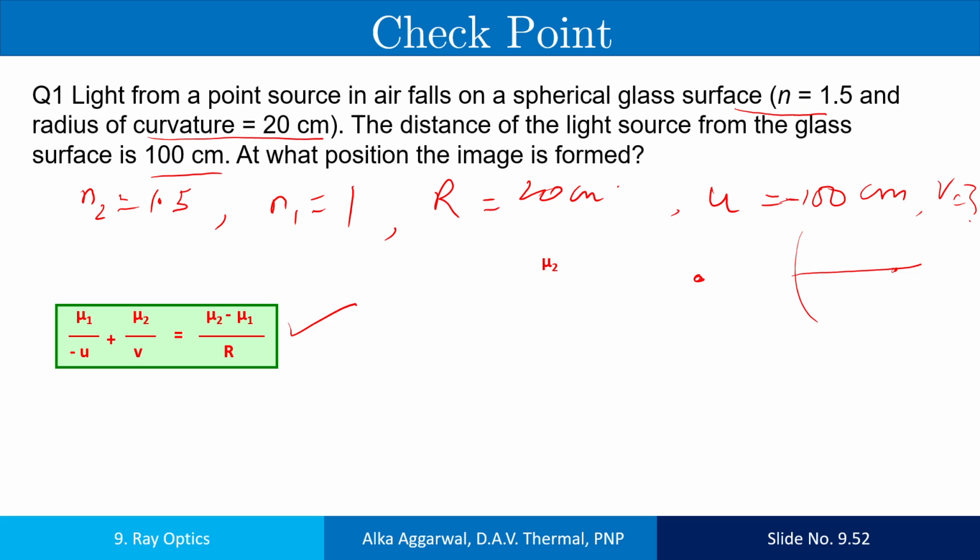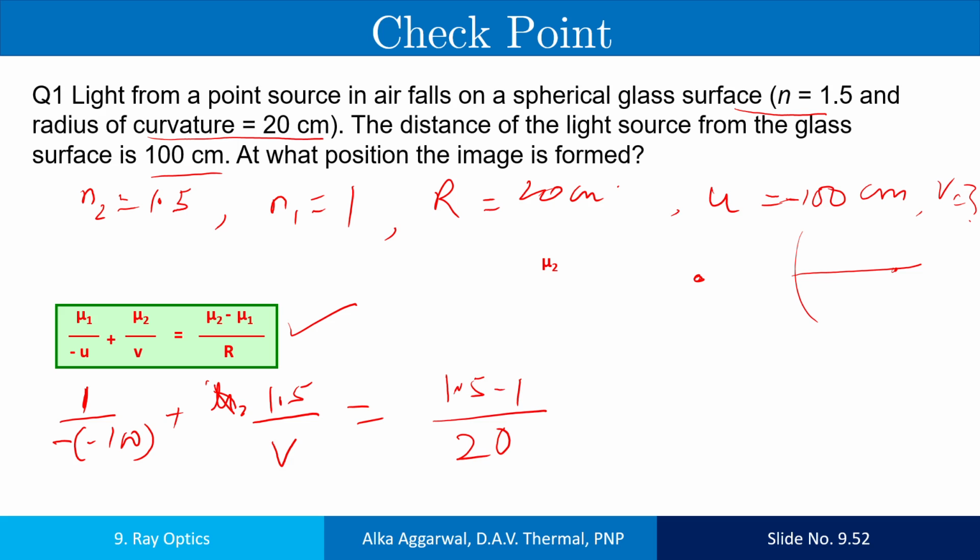Use this relation, put the values: mu1 upon minus u, that is 1 upon minus 100, plus mu2, 1.5 upon V, equals mu2 minus mu1, 1.5 minus 1, upon R. Now solve it. 1 upon 100 plus 1.5 upon V equals 0.5 upon 20.